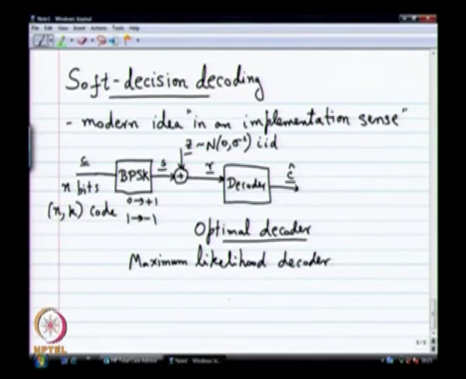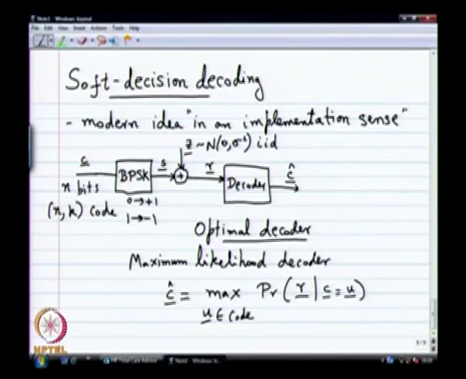So, what does the maximum likelihood decoder do? Hopefully, you remember this. I derived it in fairly general form early on in the class. Let me write down. C hat is, you are going to maximize the probability of R given C equal to U over all U in the code.